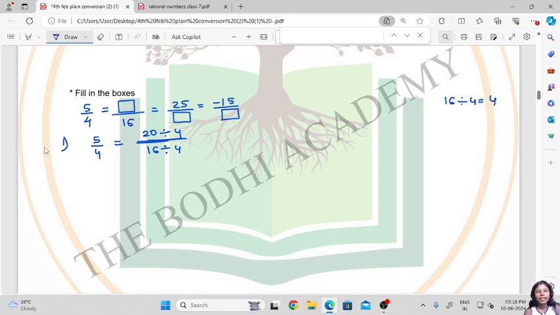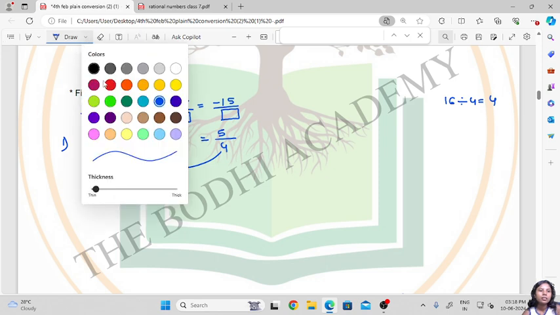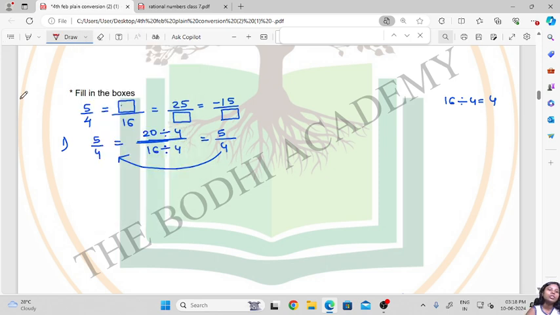So in this case, if I divide 16 by 4, my answer will be 4, and if I divide 20 by 4, my answer will be 5. So here we have got back the value. So this first box will have 20.